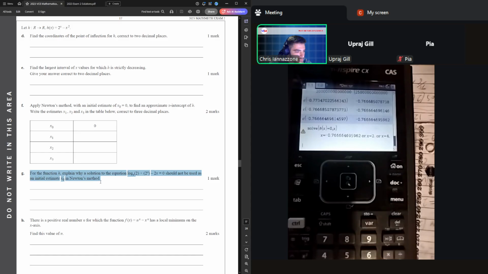So part G is going to require a bit deeper understanding of what Newton's method is actually doing. That's kind of why I had a little bit of a preamble there to describe what the algorithm is actually trying to achieve. It's this repeated taking of tangent lines at the x-intercepts of those tangent lines.